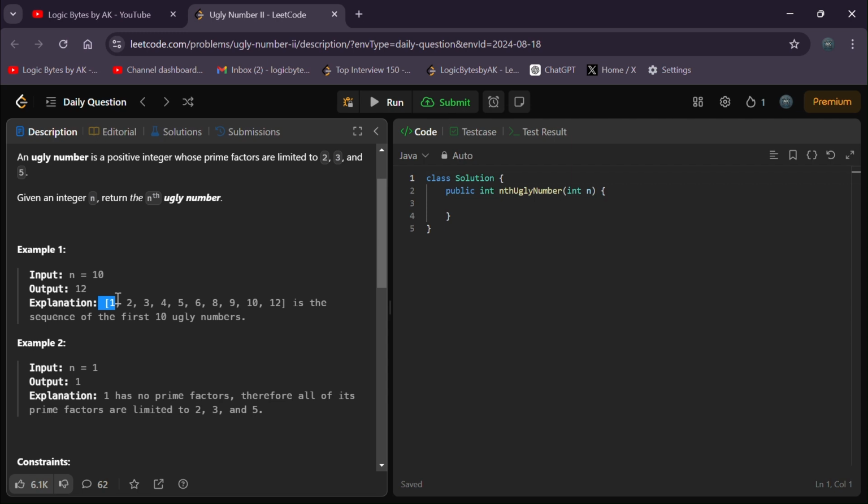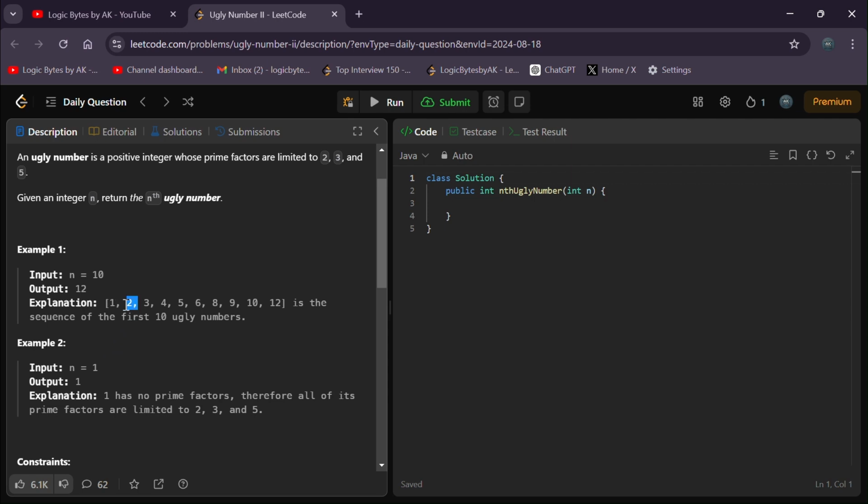There are no prime factors. The prime factors are limited to 2, 3 and 5, which means a number should contain 2, 3, 5 or none of them, and no prime factor should exceed 5. So 1 has no prime factors and we store 1.